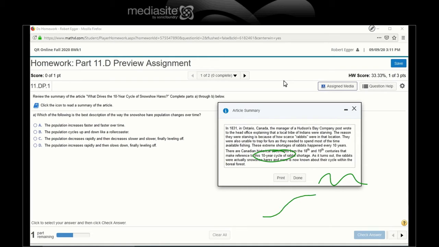Okay, and that's the logistic curve. Population rises rapidly and slows down, finally leveling off. Oh, that's logistic. The other one was the opposite logistic. Only one that fits the definition of the verbiage is the cycles up and down like a roller coaster.